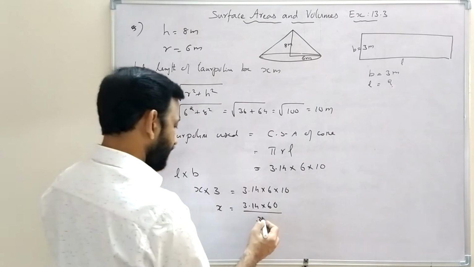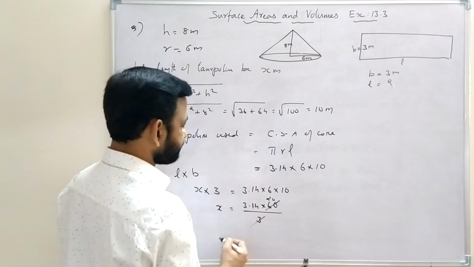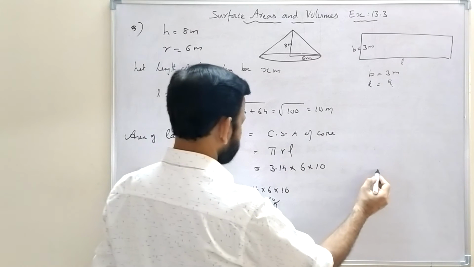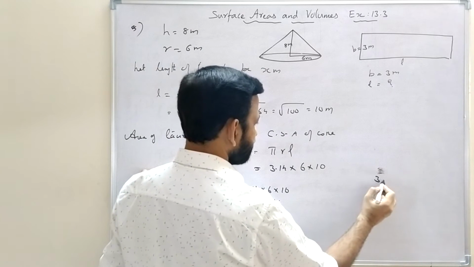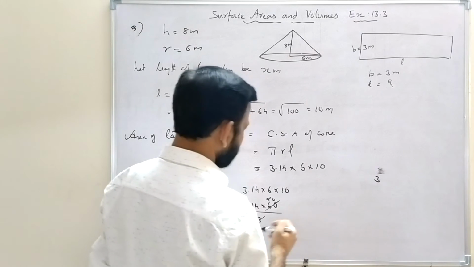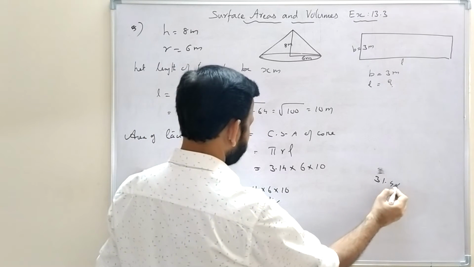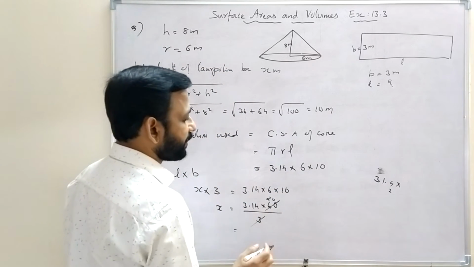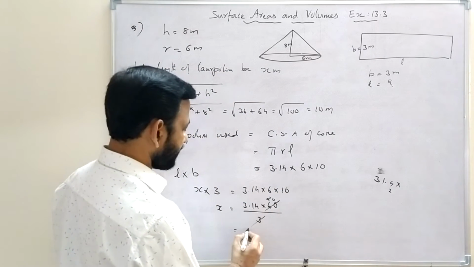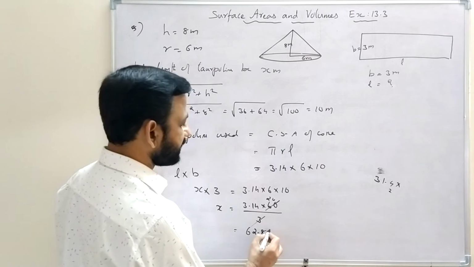So we can cancel, and here it will be 20. Then 3.14 into 20, that is 31.4 into 2, that is 62.8. So x is equal to 62.8 meter.